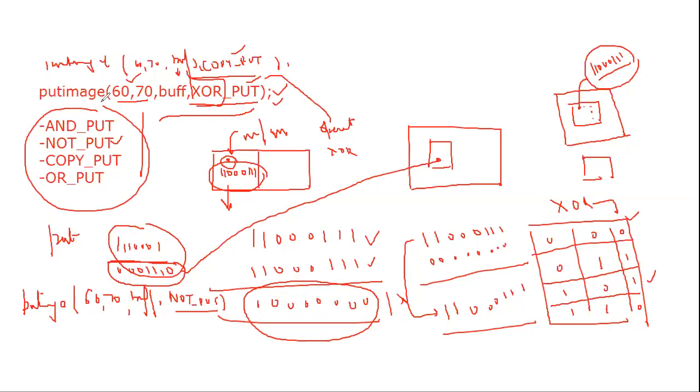These operations will be performed between the pixel values of the image stored in the memory and the pixel values available on the screen within that region where you are placing the image. The result will be shown on the screen.